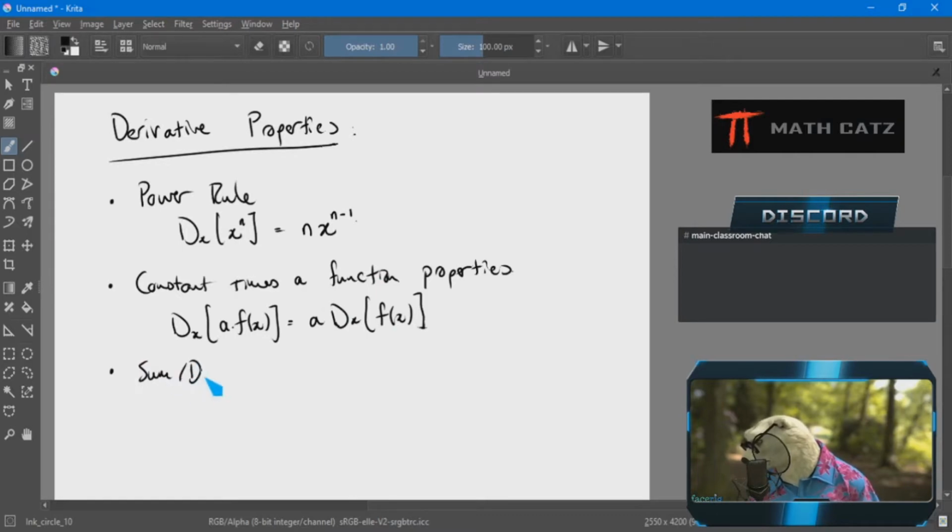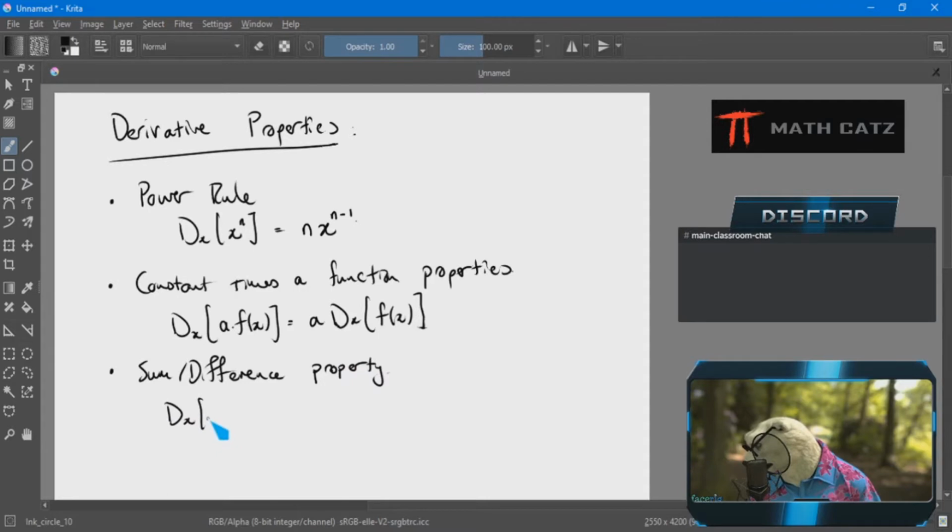Next, we have the sum or difference property. Don't know why the power rule is called a rule, but the others are called properties. Whew, that was ugly writing. I can do better, I apologize. Okay, well, I can't do better, but I'm going to try. And the more I try, the more weird it looks.